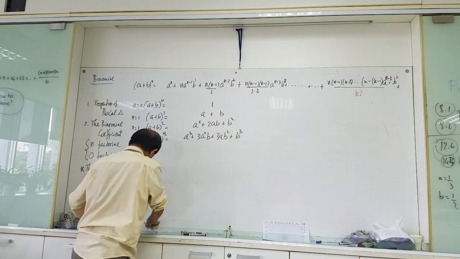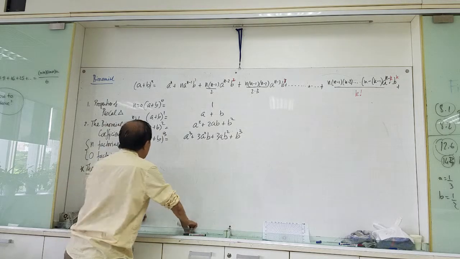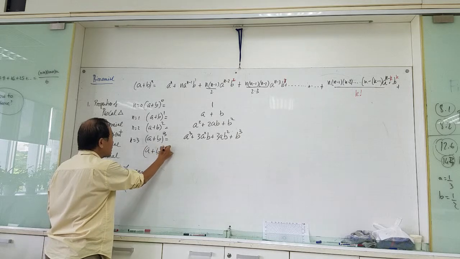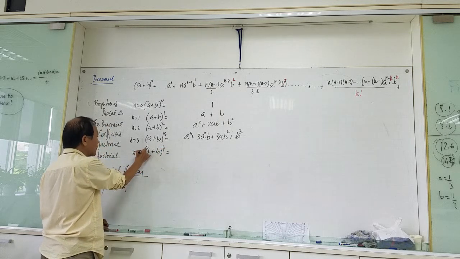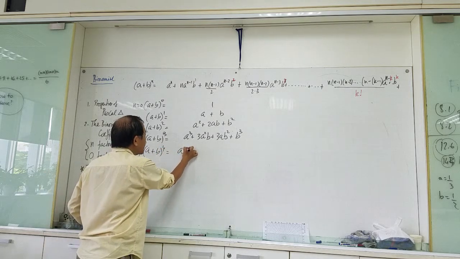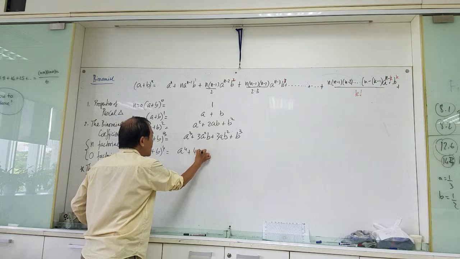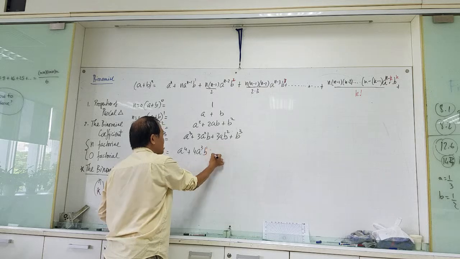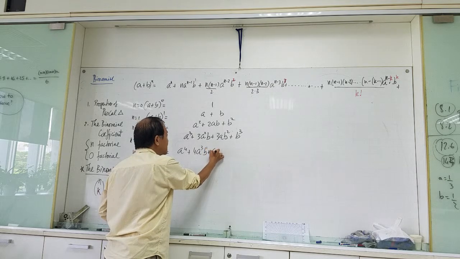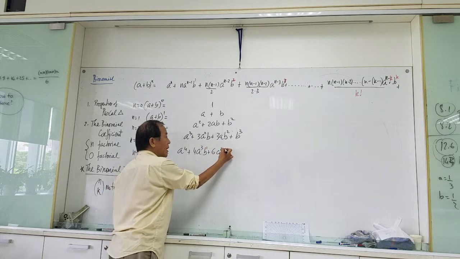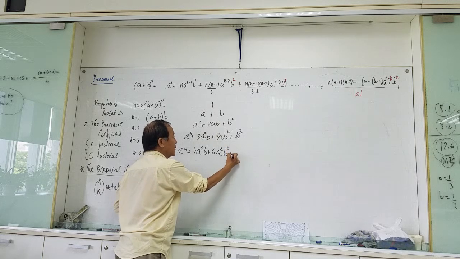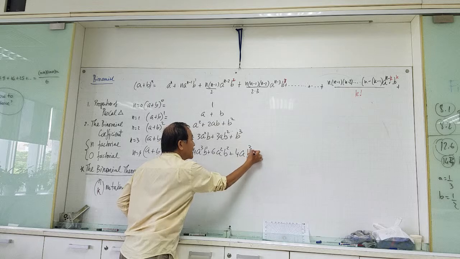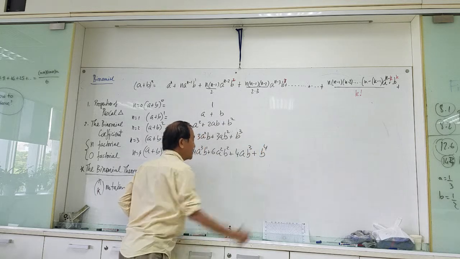Then do two more. For n equals 4, (a + b)^4 equals a^4 + 4a^3 b + 6a^2 b^2 + 4ab^3 + b^4.